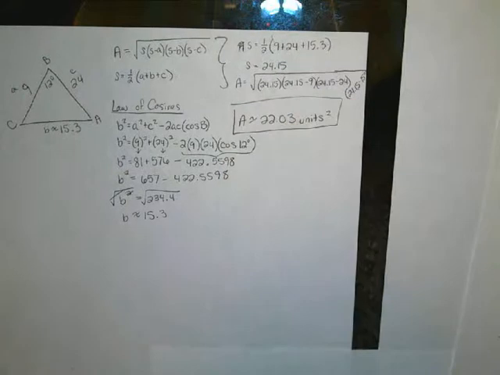Okay, number 9. This one's a little bit easier. So number 8, that's a challenge. Number 9, use the law of sines to find the indicated angle theta. Please round to the nearest tenth. So, law of sines came from your 6.4 notes, I believe.